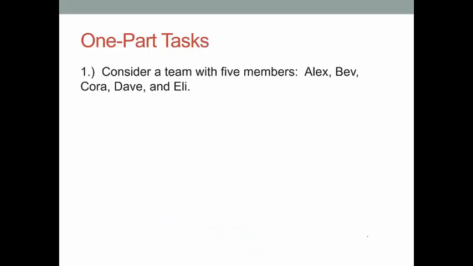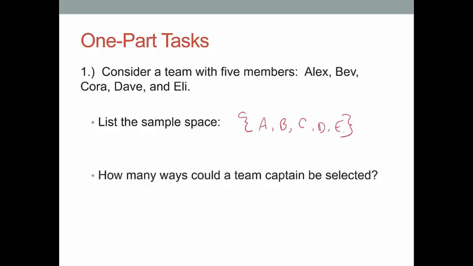For 1-part tasks, let's consider a team that has 5 members: Alex, Bev, Cora, Dave, and Eli. If we're going to list the sample space, we put it in braces. And again, we can abbreviate here because all of the people conveniently have different first letters to their names. So we have A, B, C, D, and E. That would be the sample space of the members of this team.